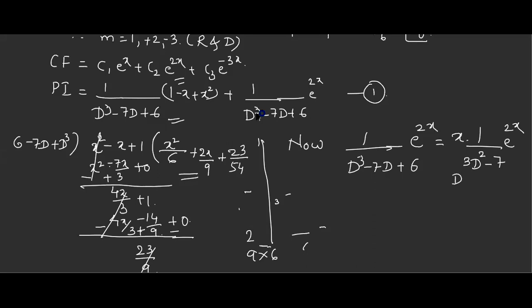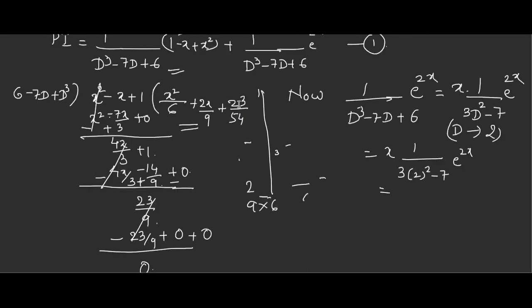Now you can easily replace D by 2 because this belongs to the first case. So x upon 3 into 2 square minus 7. What is the value? 12 minus 7, 5. So x e raised to 2x by 5 is the second term.